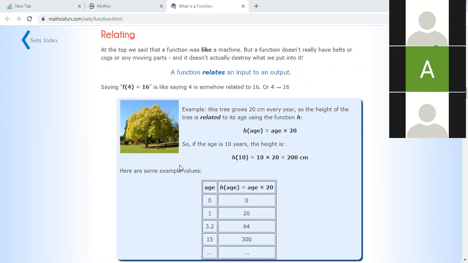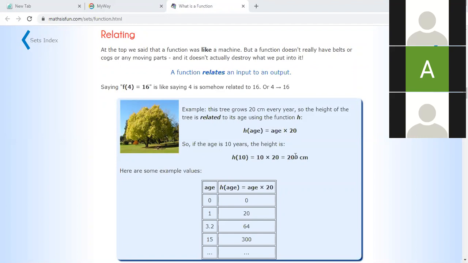When age increases, that means in every year it has increased 20 centimeters. So if we have age, class अगर हमारे पास इसकी age है, जो भी age है, तो हम इसको multiply कराएंगे 20 से. Let's suppose if the age is 10 years.